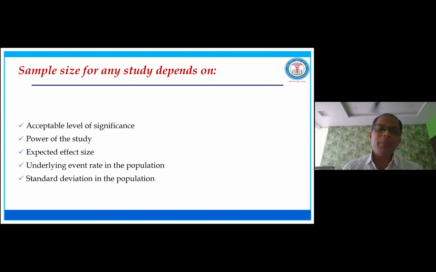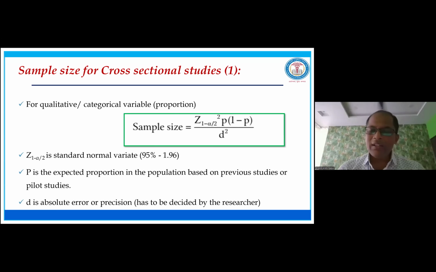So these are the parameters on which the sample size depends. Let's discuss a few formally in different epidemiological methods. The most common type of epidemiological studies are cross-sectional studies.